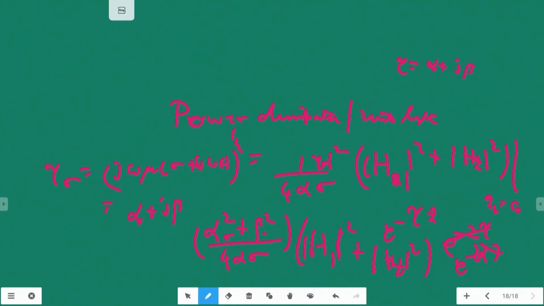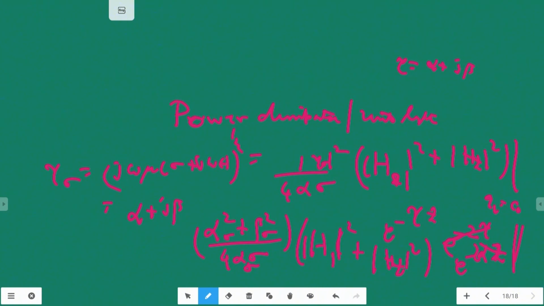Here I call it alpha sigma beta sigma to distinguish between the two propagation constants, one within the conductor and one within the guide itself. So this will vary as e power minus 2 alpha z, and you can integrate over the entire length of the cavity by putting a dz, or equivalently dividing by 2 alpha. Here it is 2 alpha sigma, and here this is the attenuation constant within the cavity.